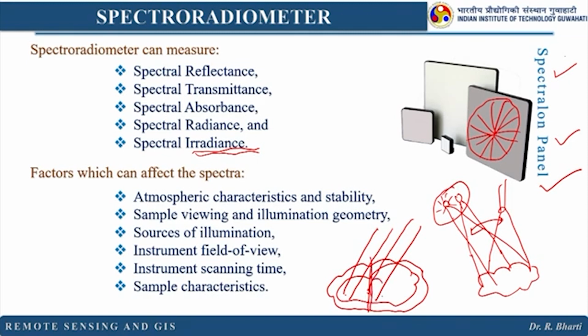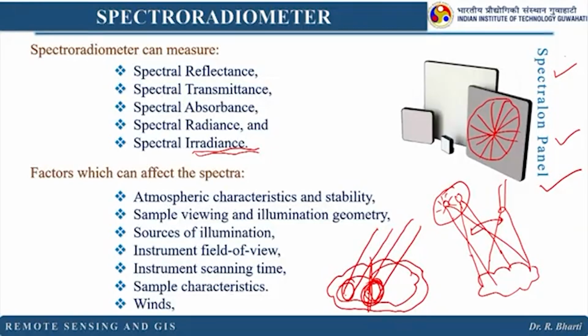From here it will be different, here it will be different, right. So, there will be minor changes and that could influence your spectra. You may get a different spectral signature for a given target when you change the position of the acquisition. This is what we call field of view, the sample falling within the field of view.